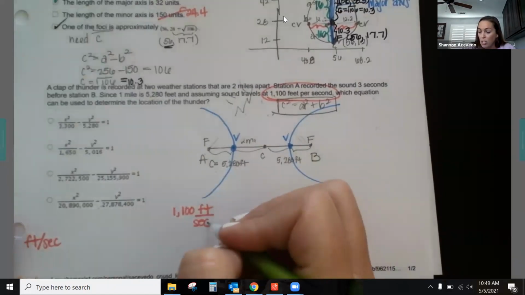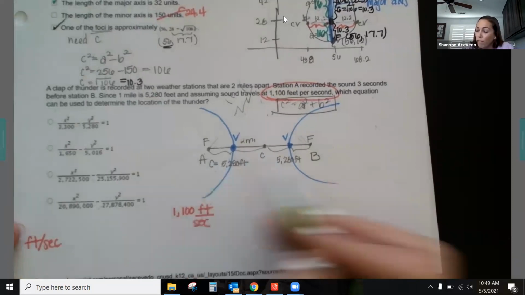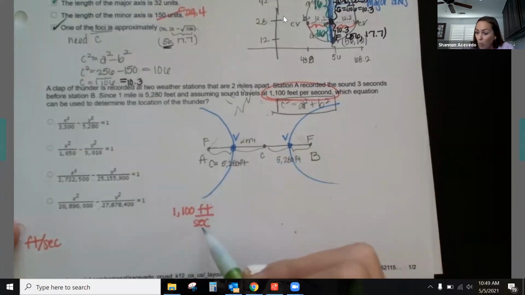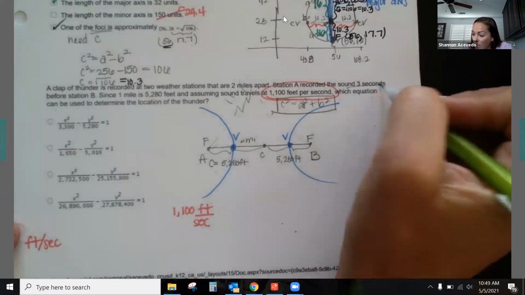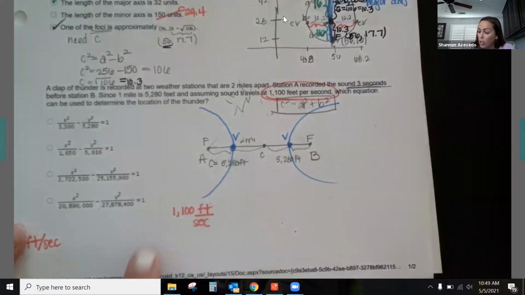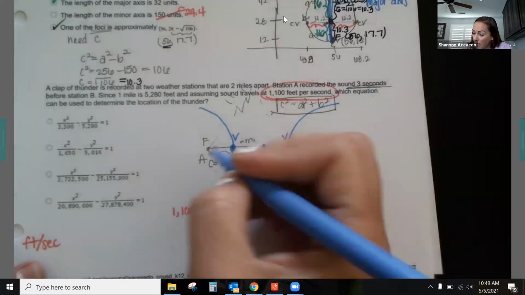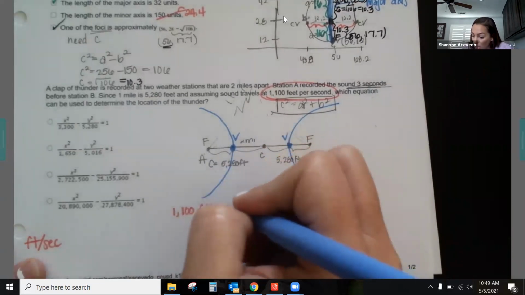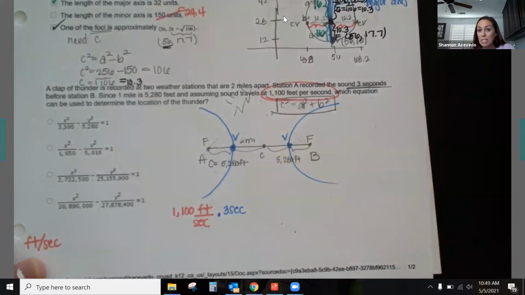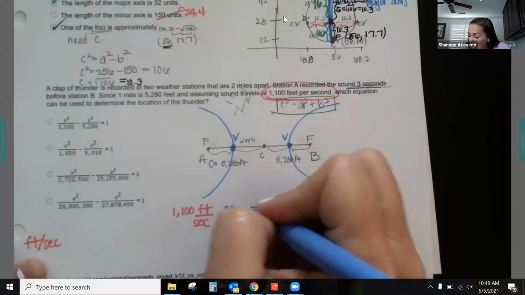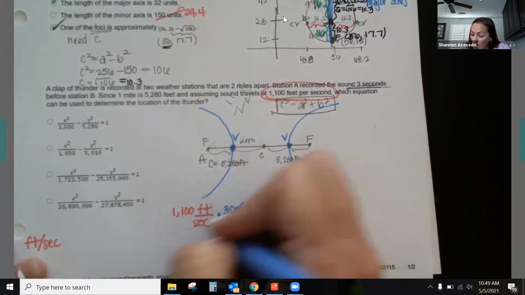So if I'm only focusing on my units of feet, I want to get rid of the second, and that's where the idea of this 3 seconds comes in. For every 1,100 feet per second, and I'm looking at 3 seconds, how far away is that going to be? Well, these seconds cancel out.